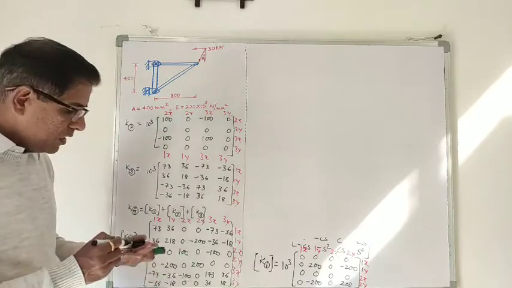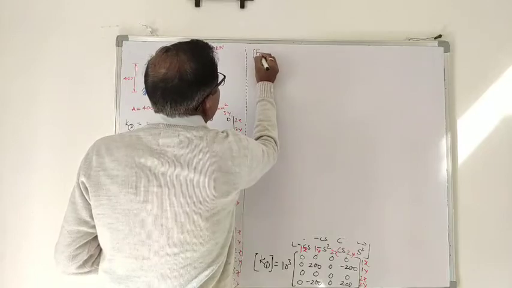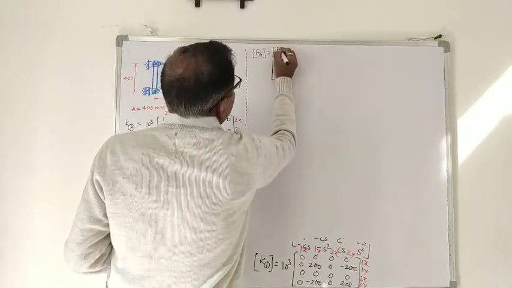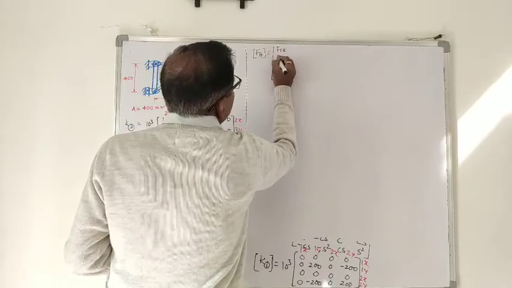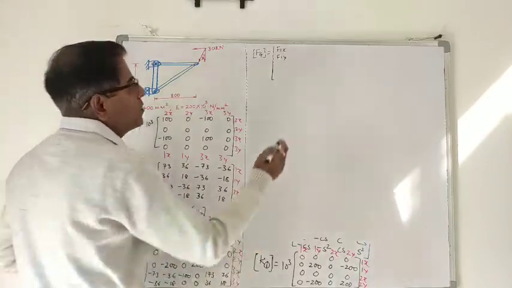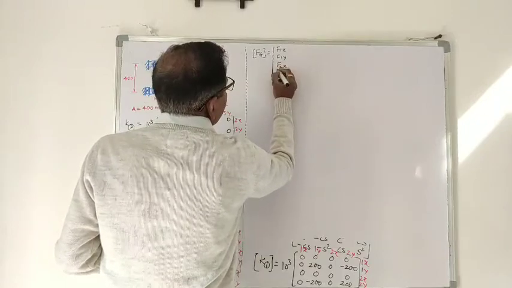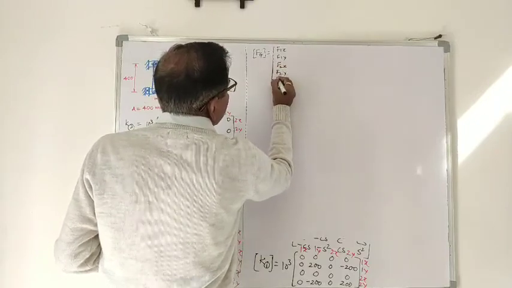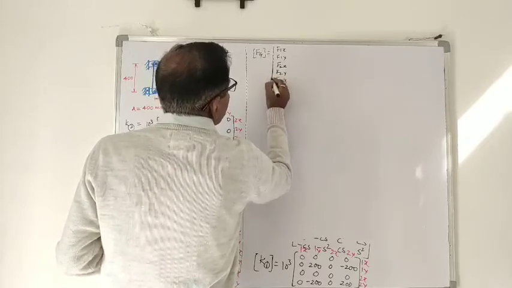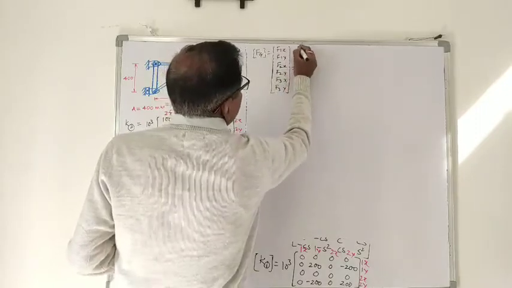Now the global force matrix will be F1x, F1y, F2x, F2y, F3x, F3y, the forces at all the 3 nodes.